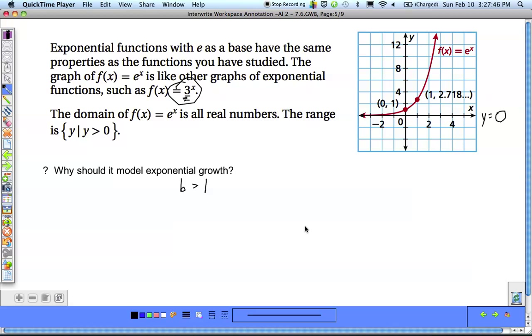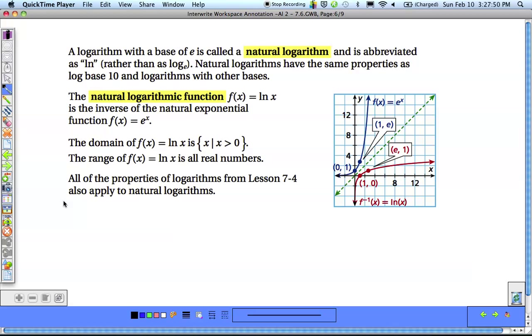Since this is an exponential function, we also have its inverse, which is a logarithmic function. The inverse of y equals e to the x power is log base e of x. But anytime we see log base e, we don't write it out that way. We call it a natural logarithm, and the short way to write natural log is ln. That's the button on the calculator we talked about right at the beginning.